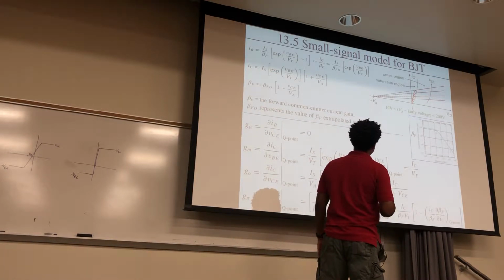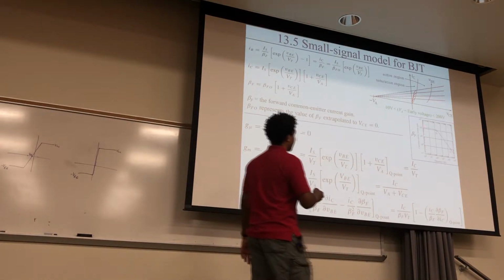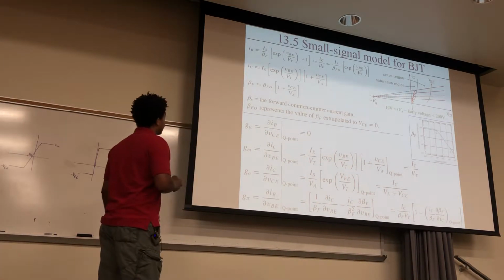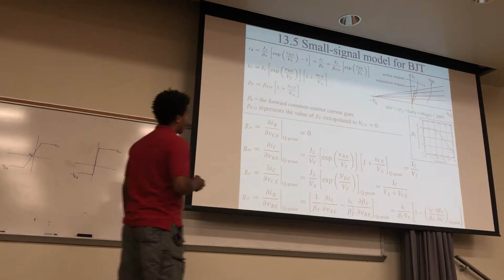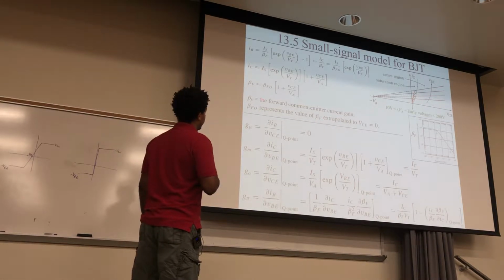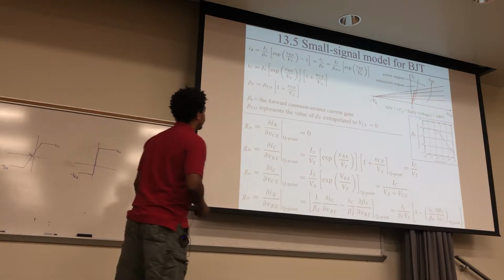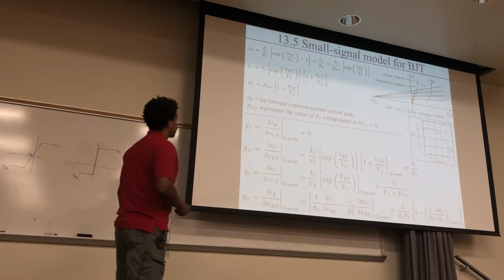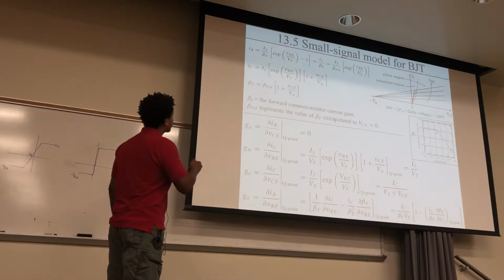They're quite different, but that's the characteristic of that. And this beta F0 represents the value of this common emitter current gain extrapolated to VCE being 0.